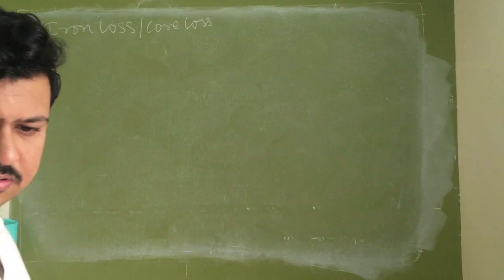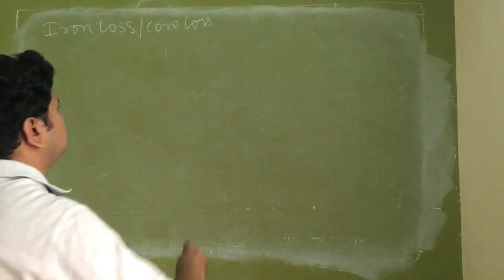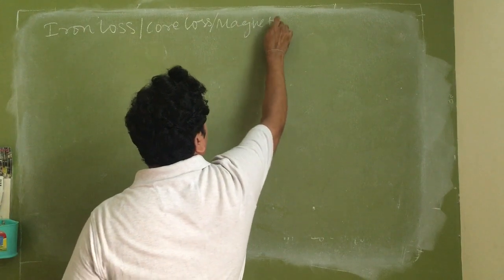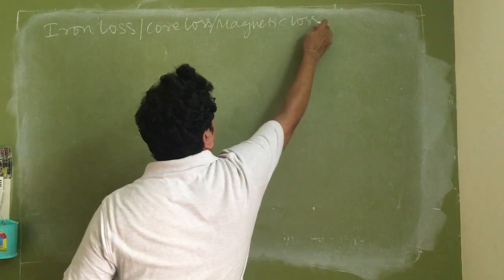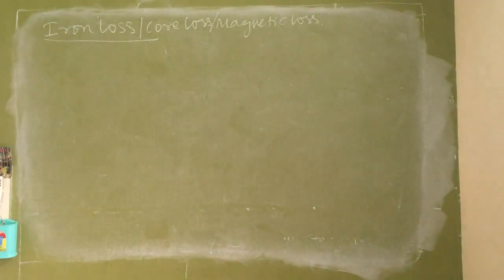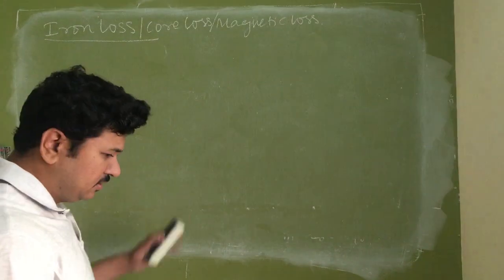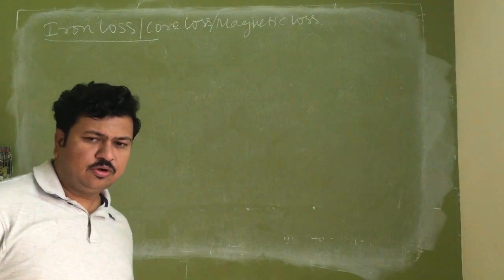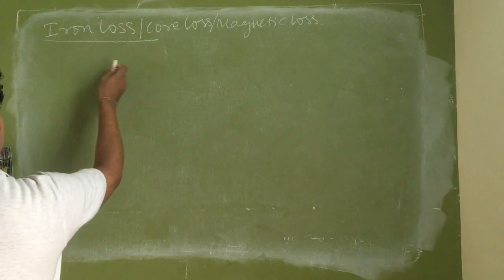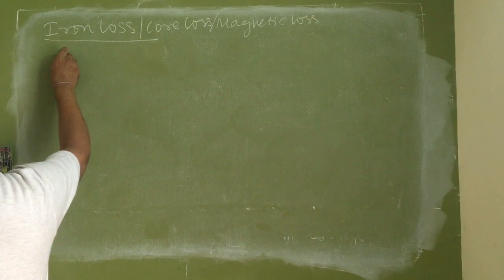And this is also known as magnetic loss, because this core loss occurs because of magnetization. So this iron loss is of two types.